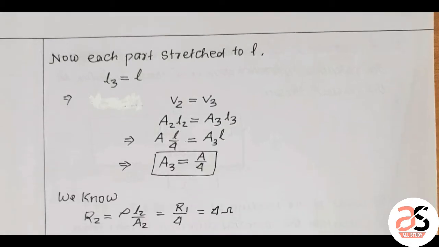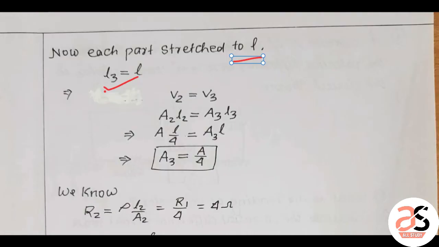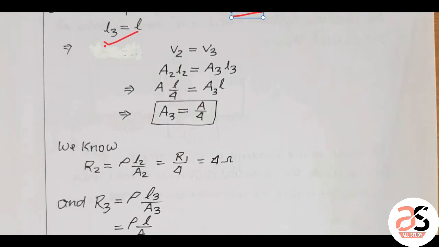Now each part is stretched to L. So L3 is now equal to L. So in the third part, they are stretched to length L. But density remains same, therefore volume is same.